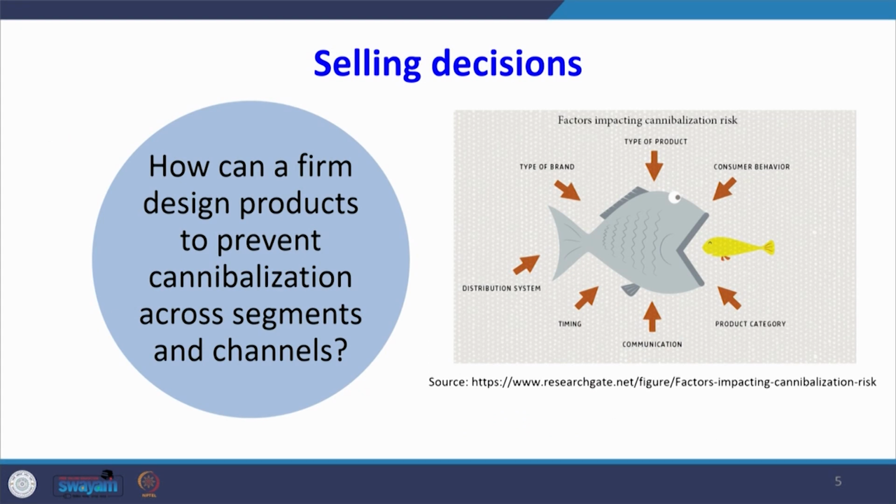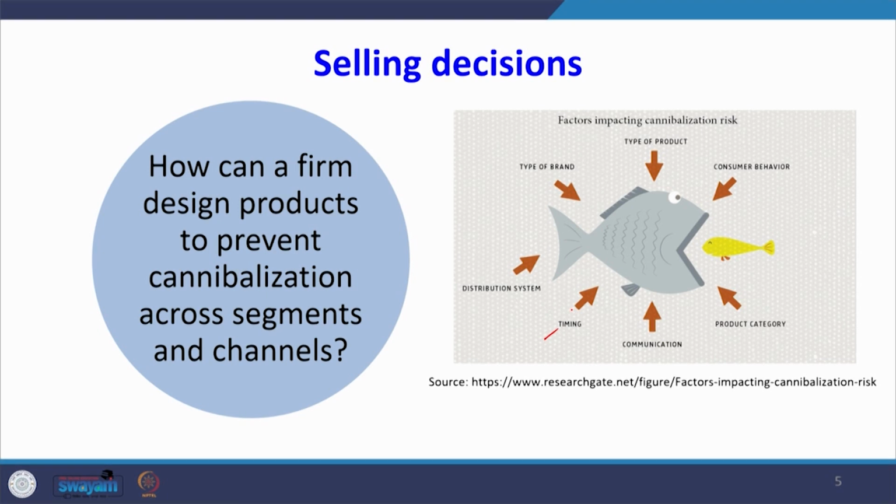If you want to make selling decisions, the important question to be answered is how can a firm design products to prevent cannibalization across segments and channels. The right side of the picture shows different ways we can prevent cannibalization or modify the demand, for example, timing.